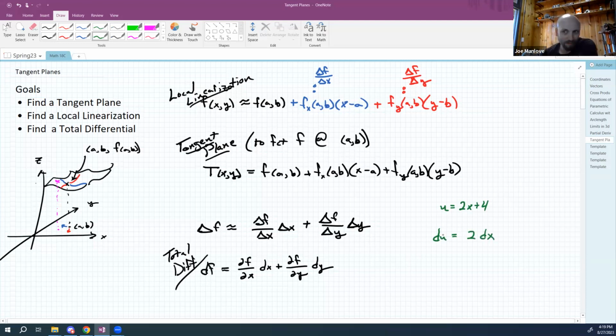You guys use these some. This total differential thing just gets a tiny bit of use. We actually use it pretty heavily in differential equations. I'm going to have you calculate them in here, and then we're going to call back to this in DEs. So this might be a good thing to put in your head, and it should live right next to linearization and the tangent plane.